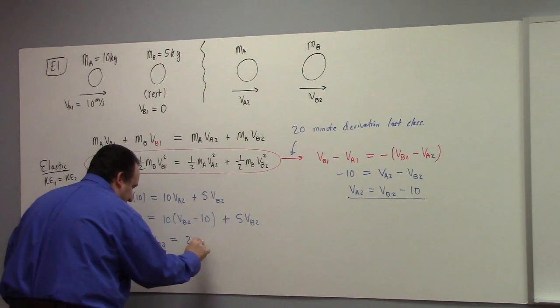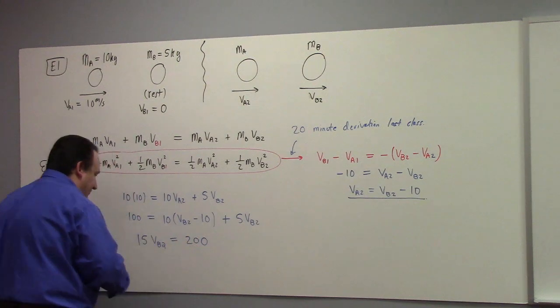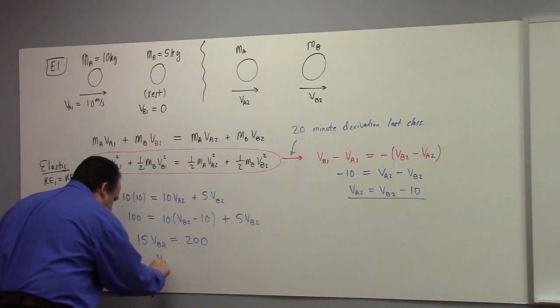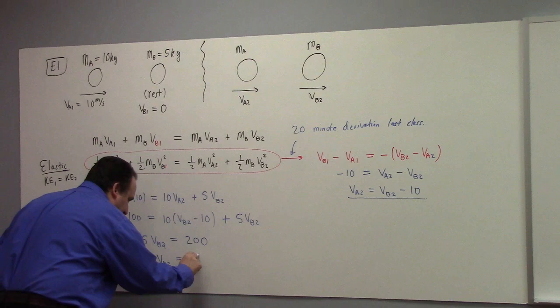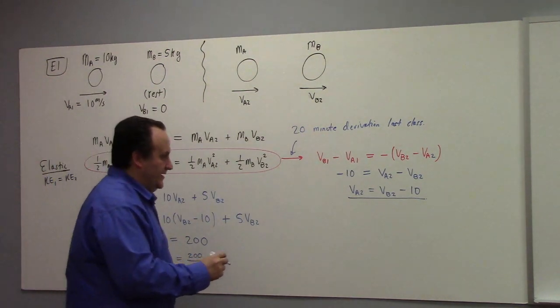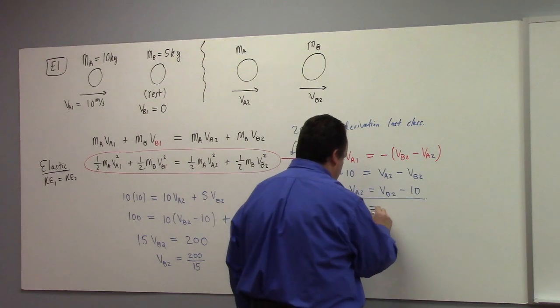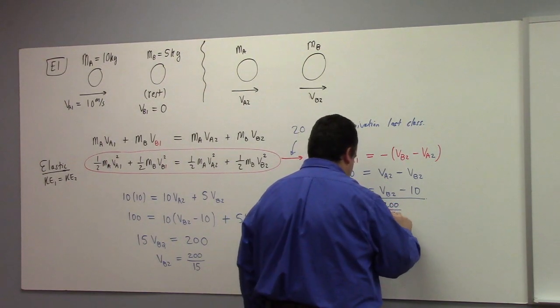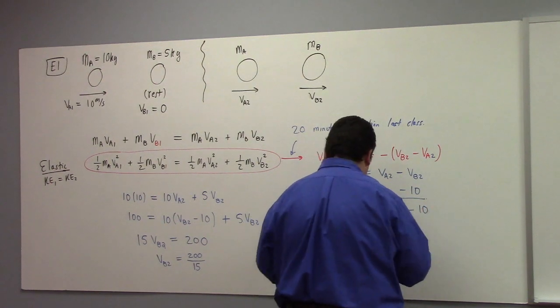I was about to get 0 there, and that was really going to make me angry. But yes, 100 plus 100 is 200. So VB2 is 200 over 15, and VA2 would be 200 over 15 minus 10.